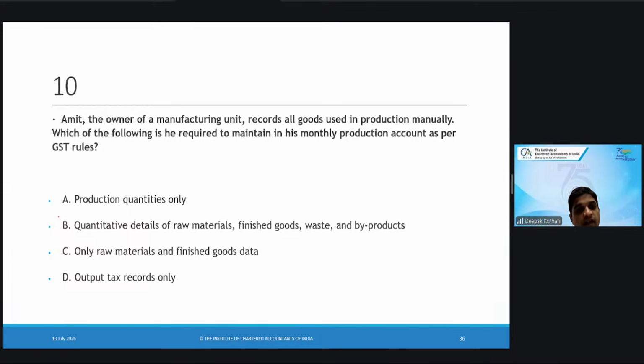Correct. Then the answer is B. Quantitative details of raw materials, finished goods, waste, and byproducts. As a manufacturer, he has to maintain this.